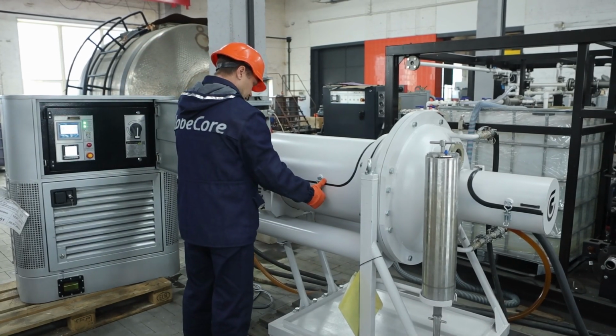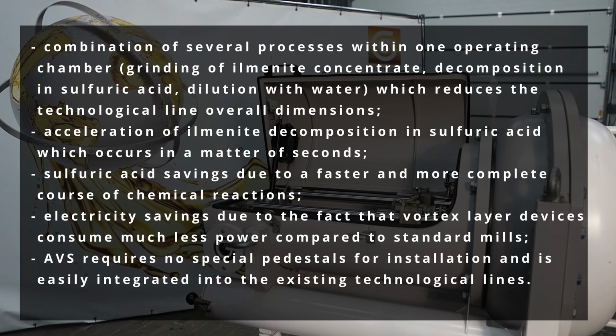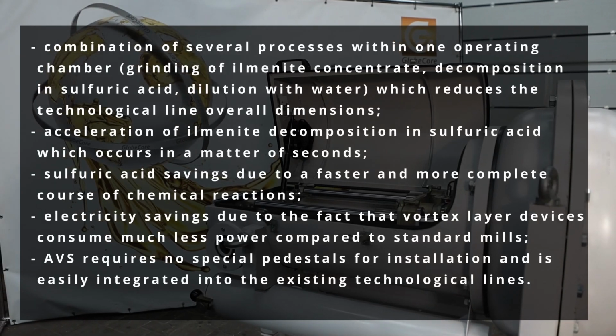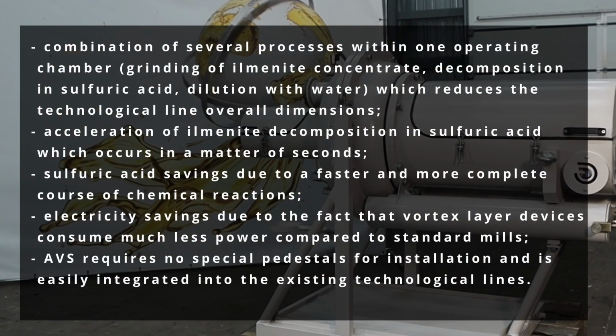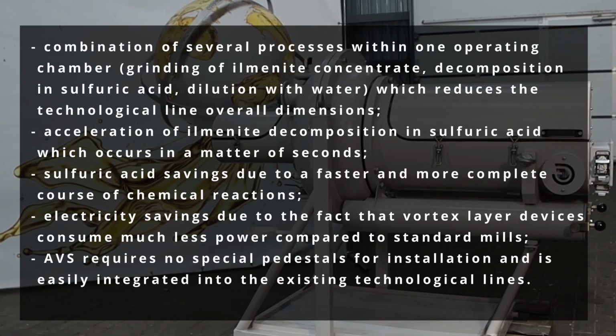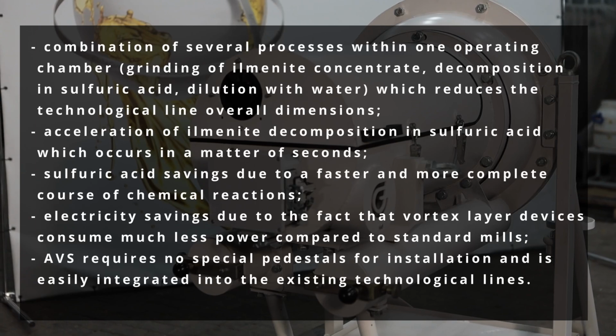The advantages of using an AVS Vortex layer device during titanium dioxide production are as follows. Combination of several processes within one operating chamber: grinding of ilmenite concentrate, decomposition in sulfuric acid, dilution with water, which reduces the technological line overall dimensions.